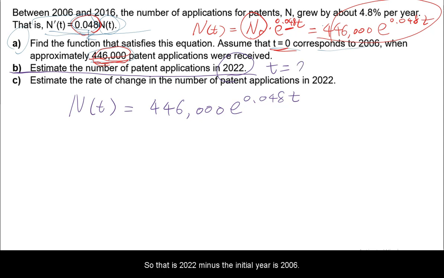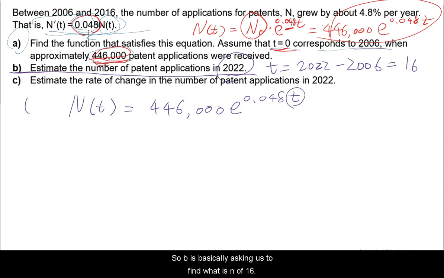So that is 2022 minus the initial year, 2006. So that will give us 16. All right, so that means t is 16. So B is basically asking us to find what is N of 16.